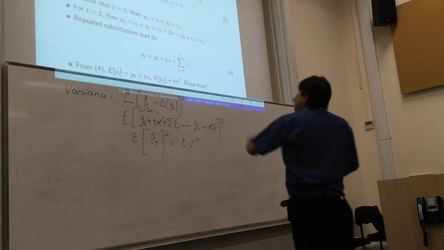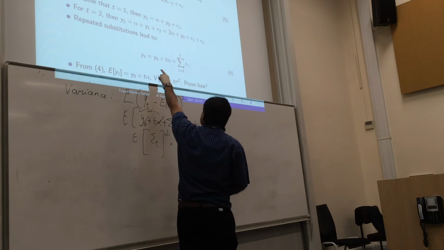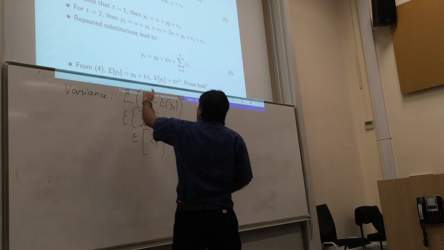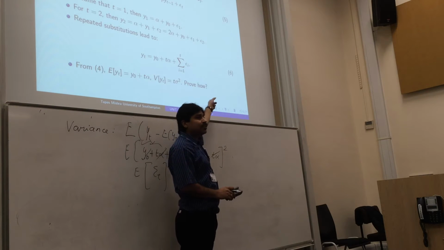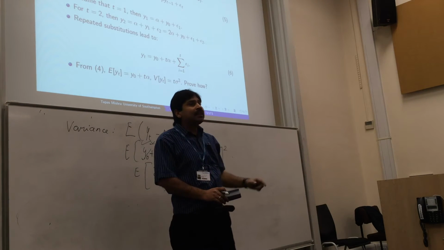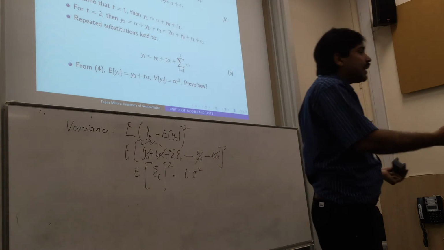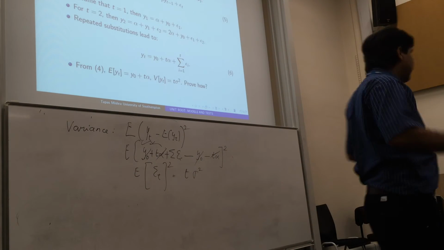So whenever we introduce an intercept in a unit root model, only the mean of the process changes, but the variance remains the same. Variance remains the same in the sense that as t increases, variance also rises infinitely.